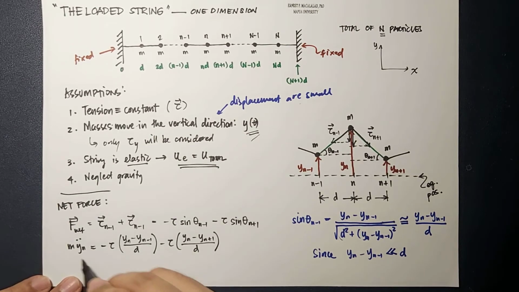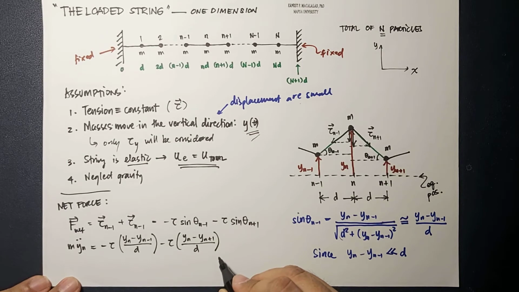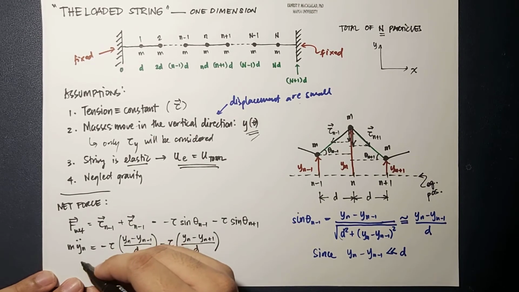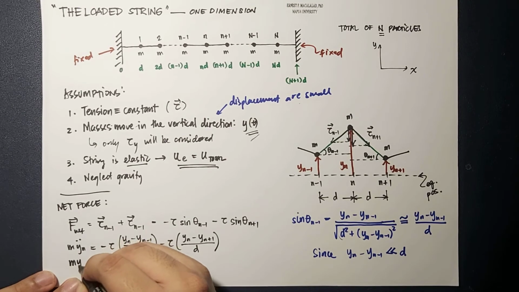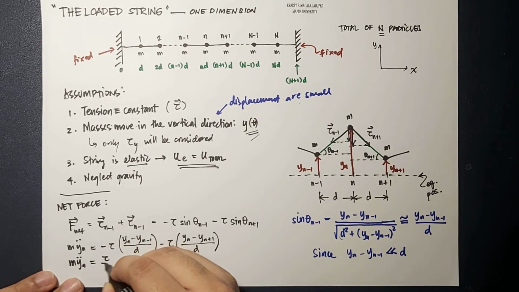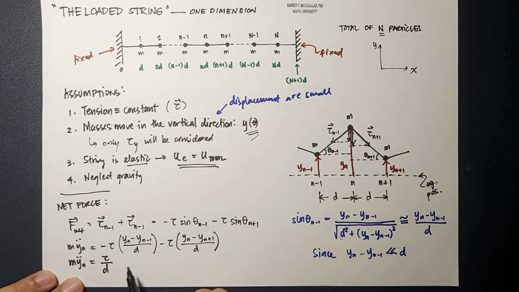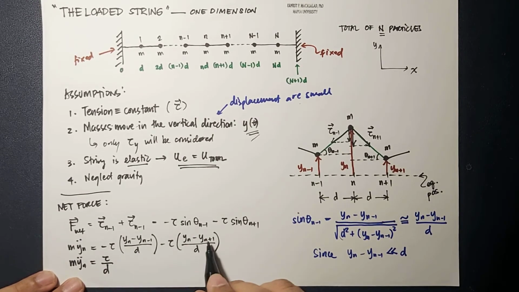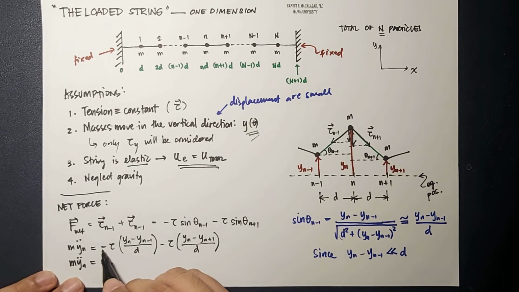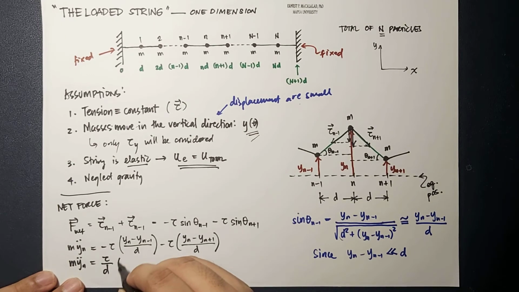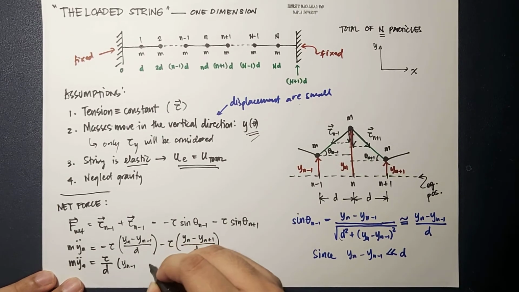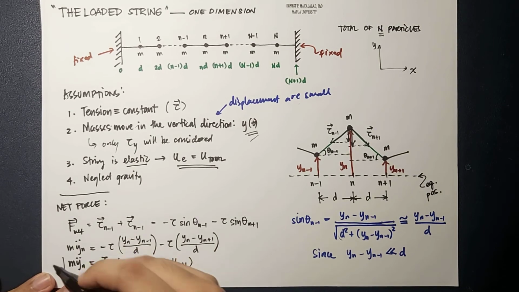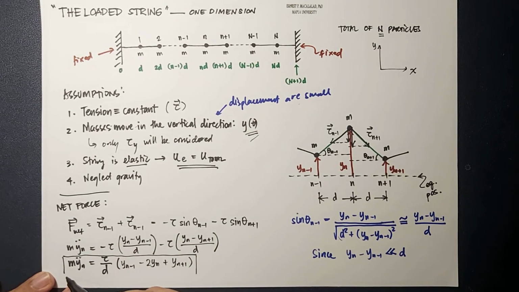If we simplify this, we have m yn double dot equals tau over d, factoring out tau over d, times yn minus 1 minus 2 yn plus yn plus 1. So this is now our equation of motion.